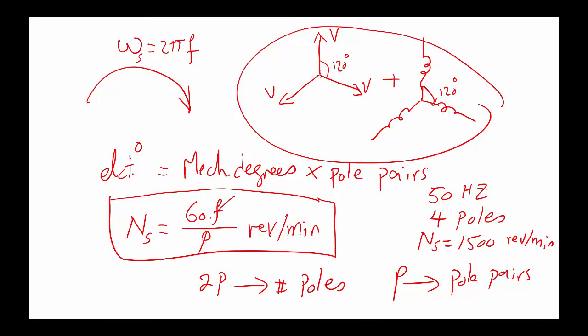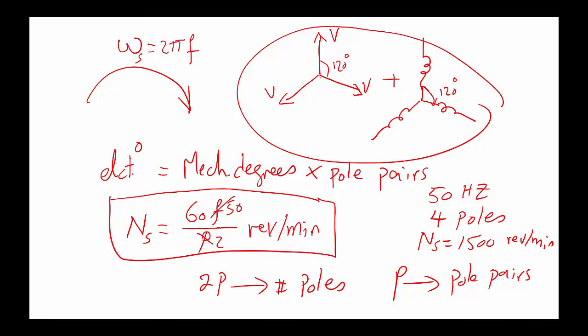So 60 multiplied by 50 is 3000, four poles, so that's 2 pole pairs, divided by 2 is 1500. So that's all I want you to remember, and this will be my starting point when we start the lecture on the induction motor.